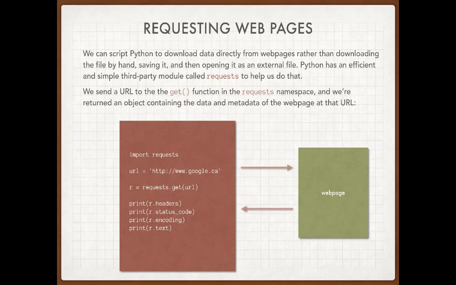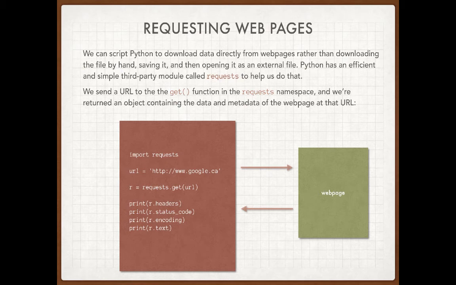So what we'll do is write a script, something like this on the left. I'll probably do mine in the interactive shell, but you could write this as a text file as well. And what we'll do is import the requests module, and we'll use it to ask for a web page at a particular URL. And we'll get that back in the response object, and then we can start to do things with it.